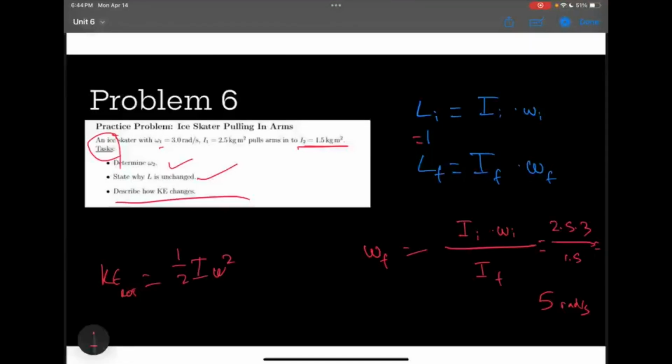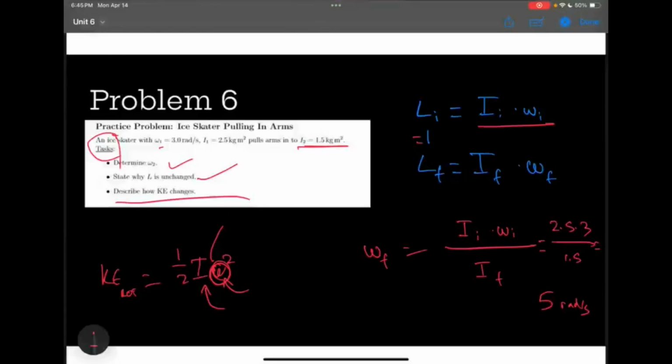If we look at this conceptually, even though I times omega stays the same, you're increasing your angular velocity a little bit and decreasing your rotational inertia a little bit. But the overall rotational kinetic energy will increase because you're increasing the term that's squared. So generally, this will be more reactive in the overall equation.